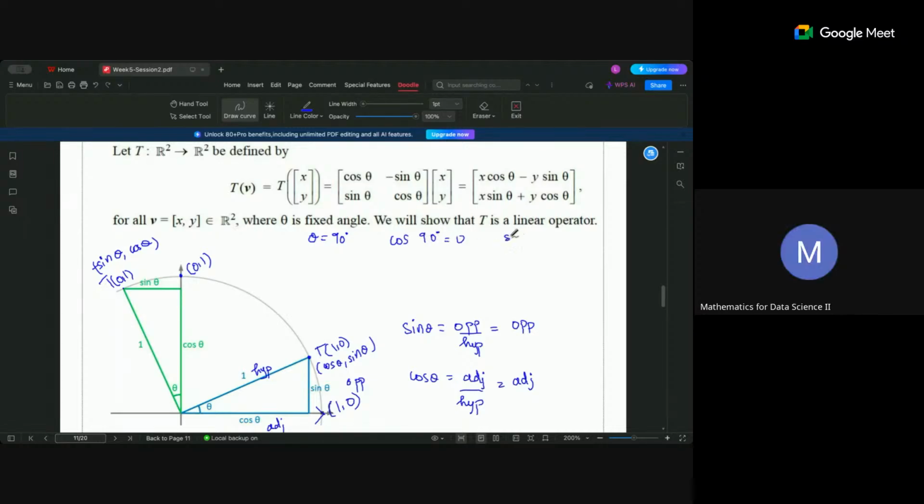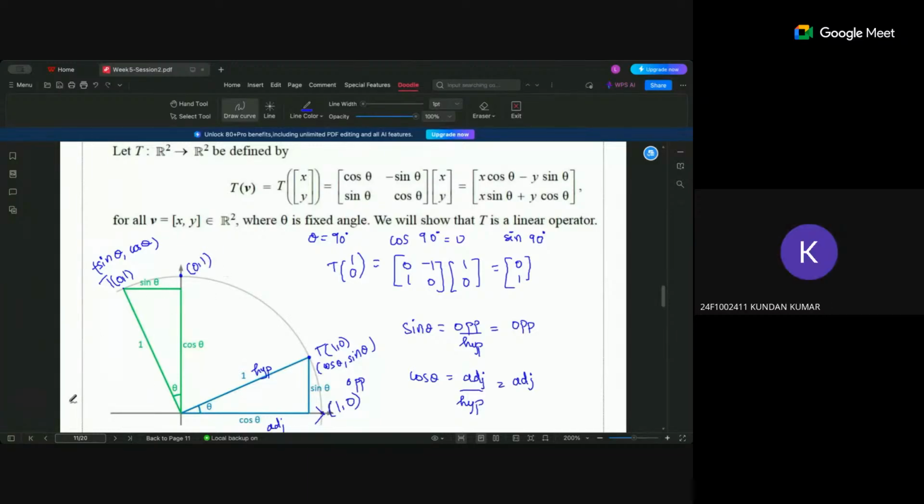What is sine 90? 1. So what happens to this matrix? It becomes 0, minus 1, 1, 0. Now what is the multiplied vector here? (0, 1). Can you see that (1, 0) is mapped to (0, 1)? Got it? Same way, where will (0, 1) get mapped to?